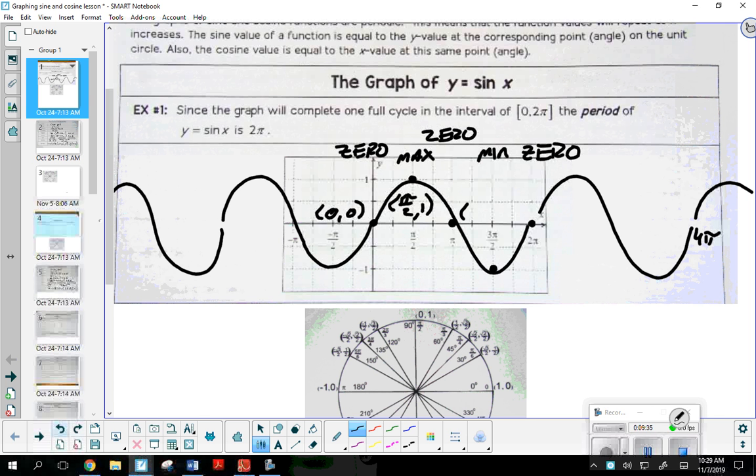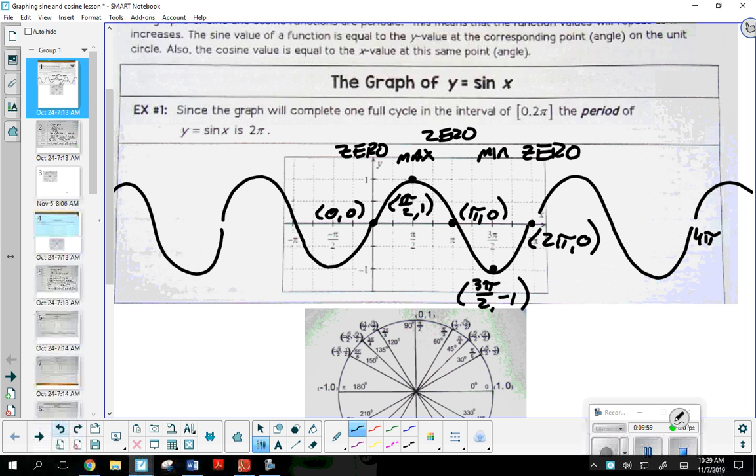What's the radian measure we have there? Pi, and then we have 0. Okay, so what's the ordered pair of that first minimum? So we got to 3 pi over 2, negative 1. And then we get back to our last 0, which should be 2 pi, 0.